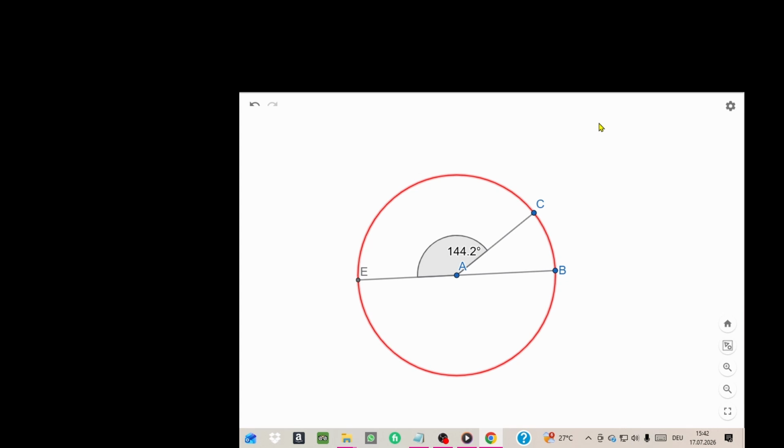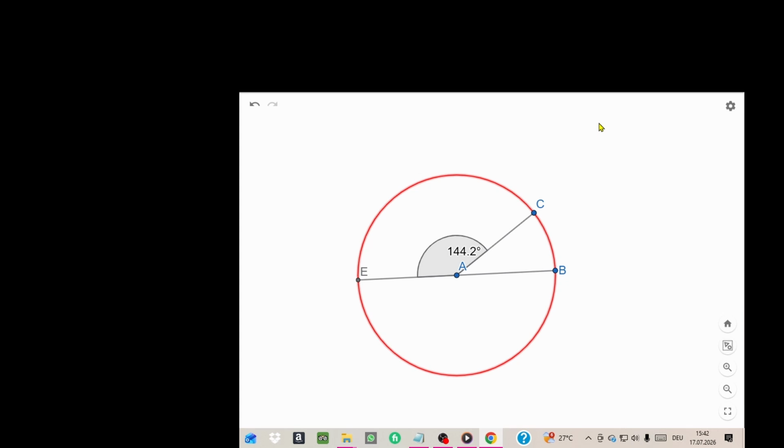We also know that a complete circle has 360 degrees. Therefore, when the diameter divides the circle into two semicircles, each semicircle has an angle of 360 divided by 2, which is equal to 180 degrees.